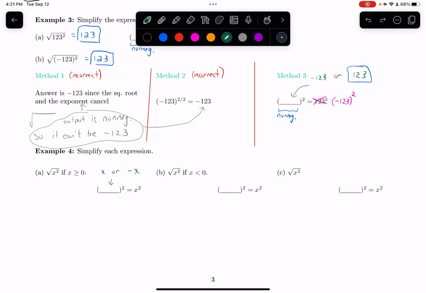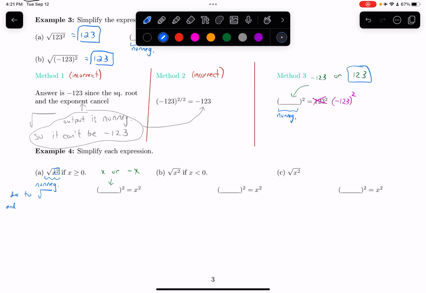So I know that this original thing needs to be non-negative. It's going to output a non-negative value, and there are two reasons why. Due to the square root, whatever's in the square root, the output has to be non-negative. There's one other reason: there's an even power, this 2.